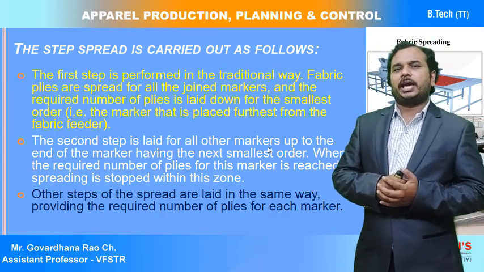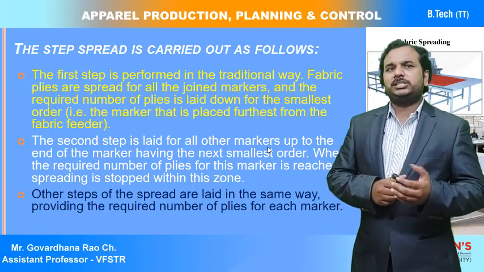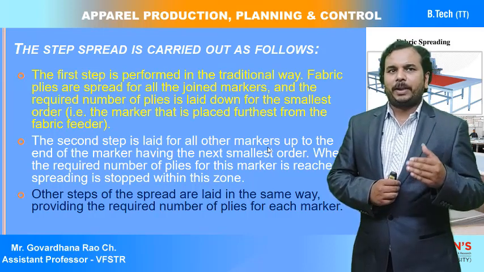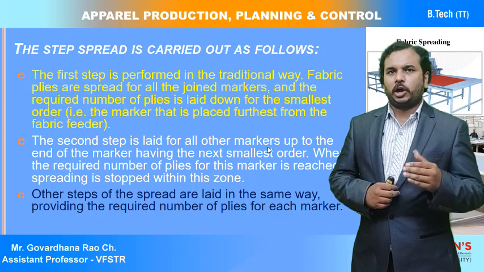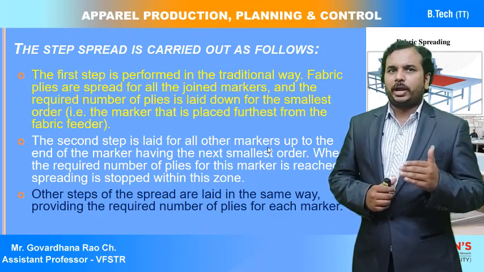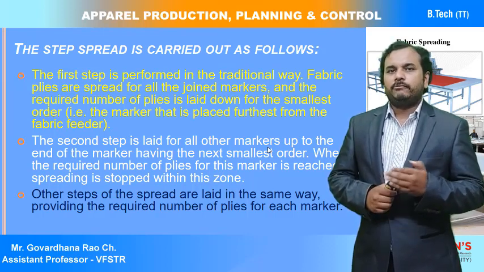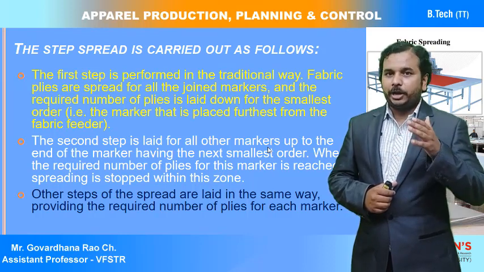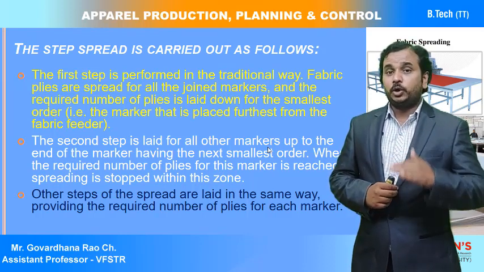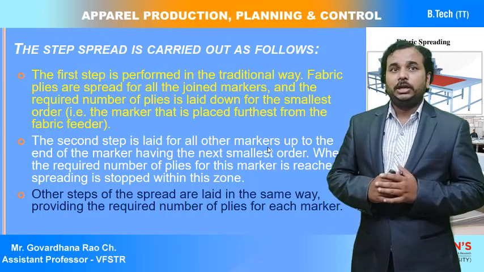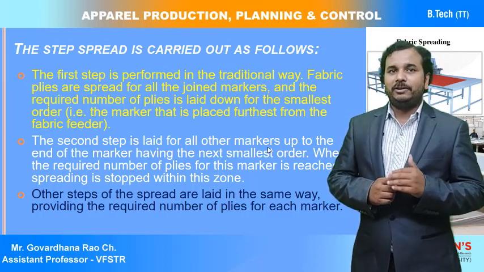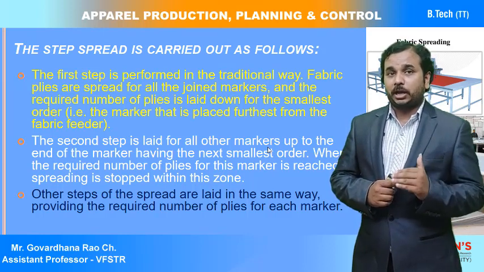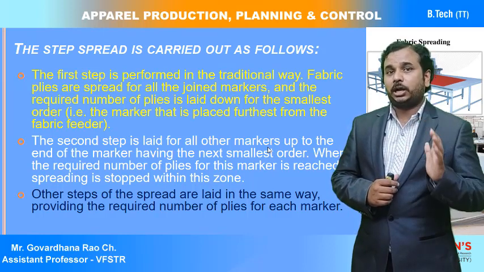The step spread is carried out as follows. The first step is performed in the traditional way. Fabric plies are spread for all the joint markers, and the required number of plies is laid down for the smallest order. That is why I told you first we place the smallest order. Then the second step is laid for all other markers up to the end of the marker having the next smallest order.